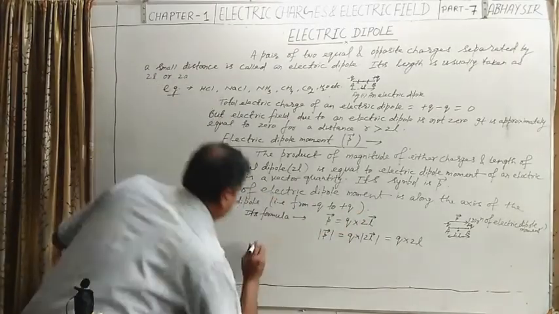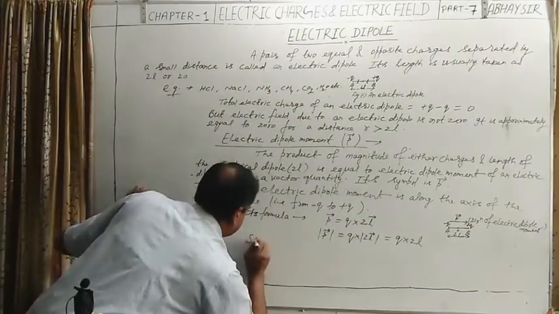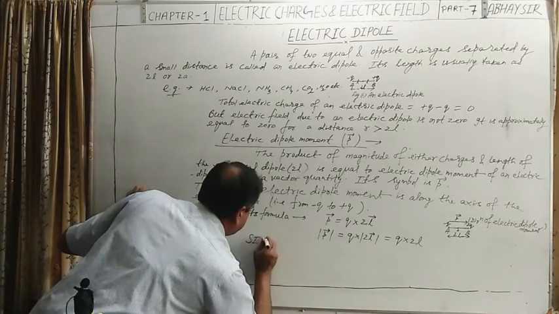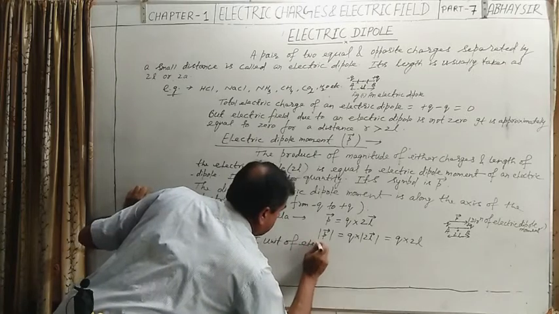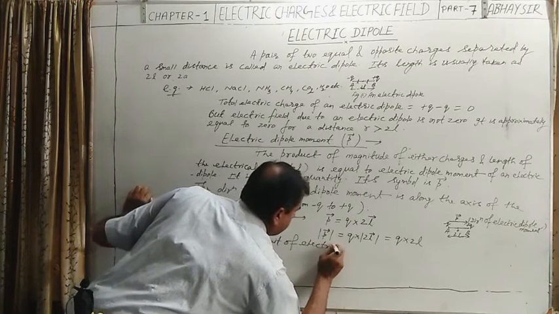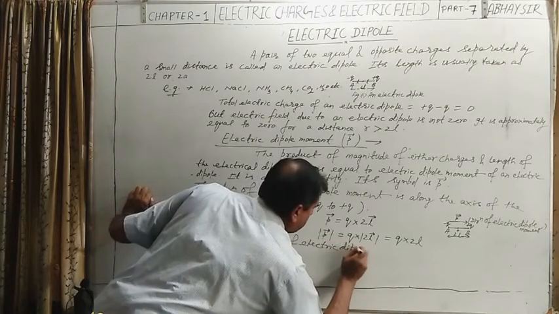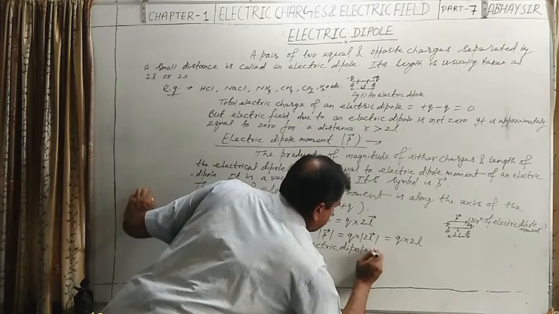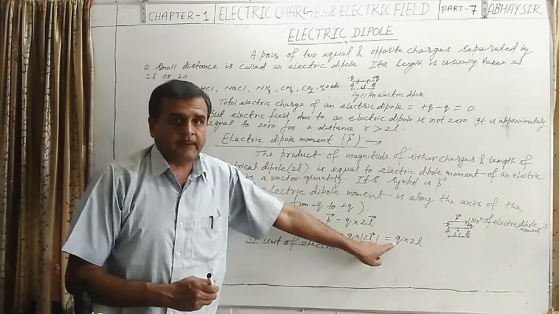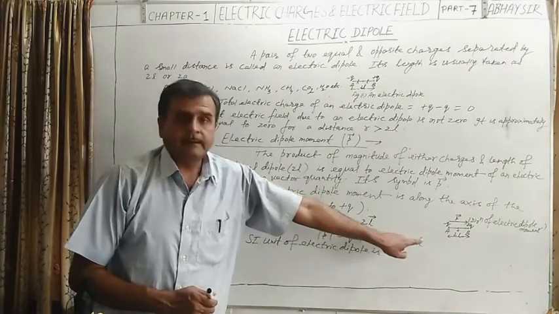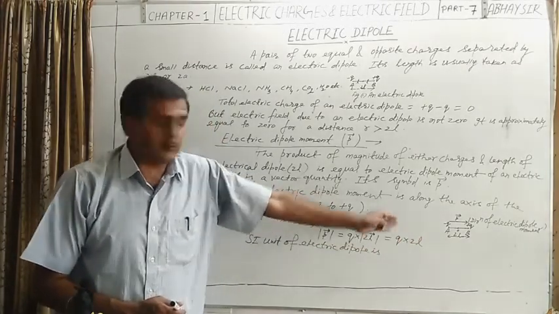Now the SI unit of electric dipole moment. Coulomb is the SI unit of electric charge, and meter is the SI unit of length.